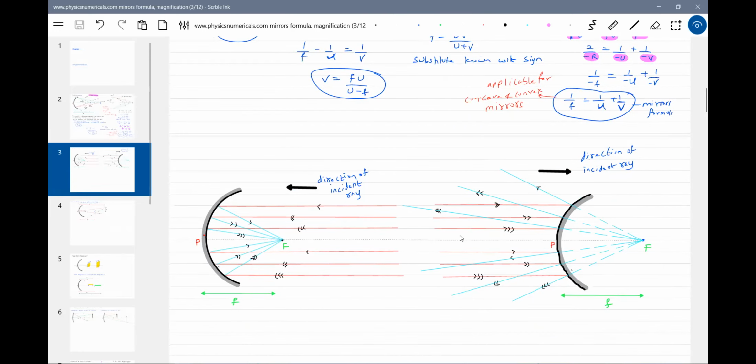Now, what about the focal length for concave and convex mirrors? This is a concave mirror. This is a convex mirror. The direction of the incident ray should be taken positive. These are the incident rays, and similarly here, these are incident rays.